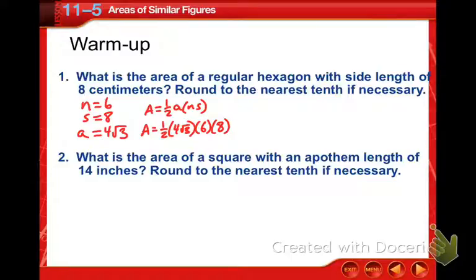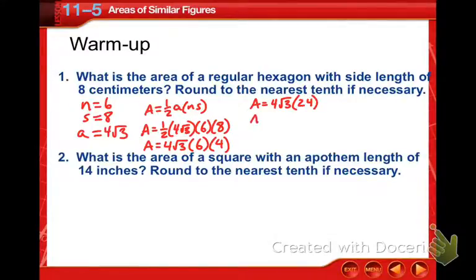So first we can split one of these in half. It doesn't matter which one. I'm going to do the 8 just because it's the largest number. So we have A is equal to our area, 4 square root 3 times 6, and 1/2 of 8 is 4. And 6 times 4 is 24.